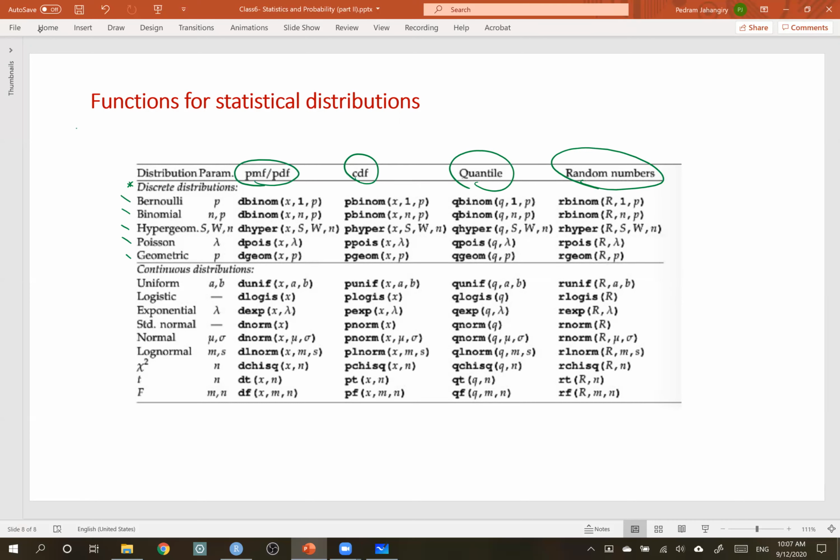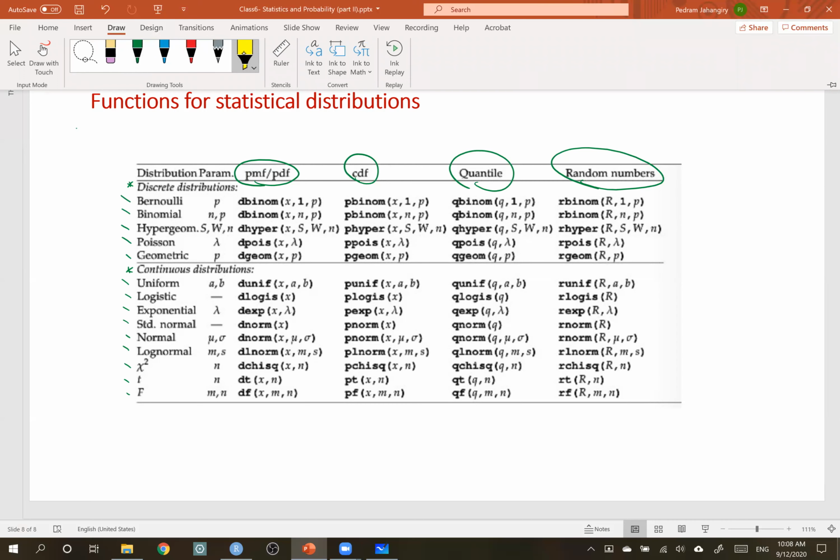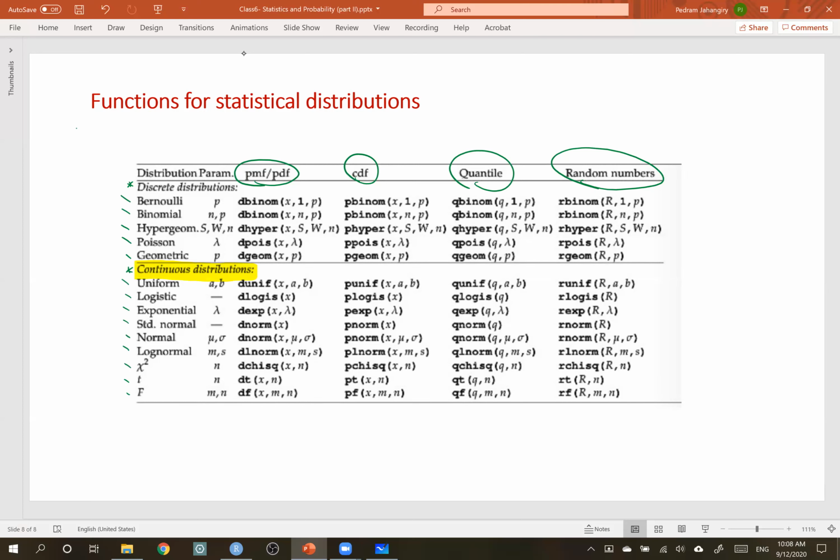And when it comes to continuous random variables, we have uniform, logistic, exponential, standard normal, log normal, chi-square, T, and F. Okay, I'm going to highlight the ones that we use for the course. The ones that we are going to constantly work with are normal, standard normal, chi-square, T, and F. That's it. So from this table, I want you to at least learn the highlighted ones.